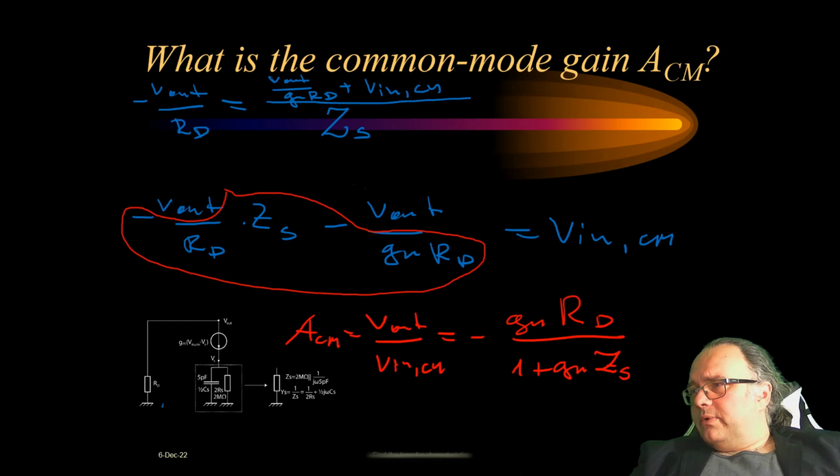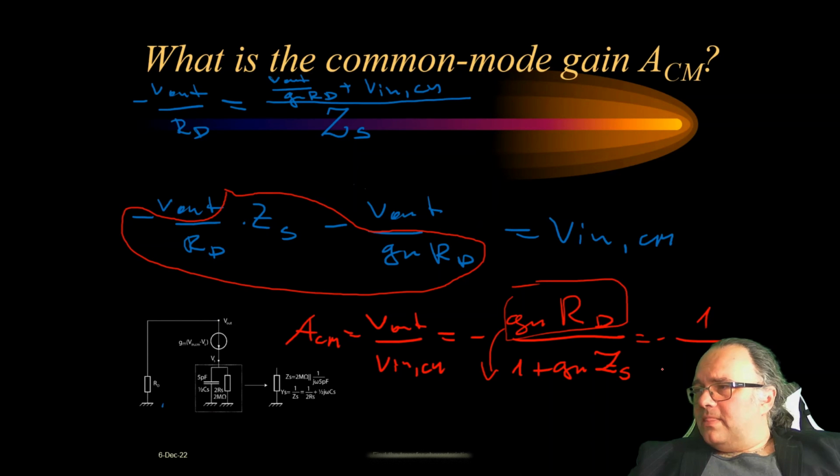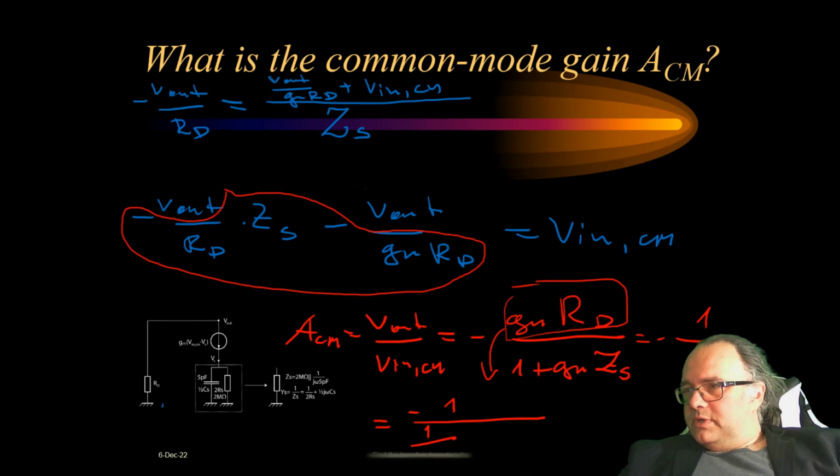I will work it out more. So basically this here will go down, and then I'll have something like 1, and I'll write it here 1, and this will be 1 divided by GMRD here, and then plus ZS divided by RD, like this.